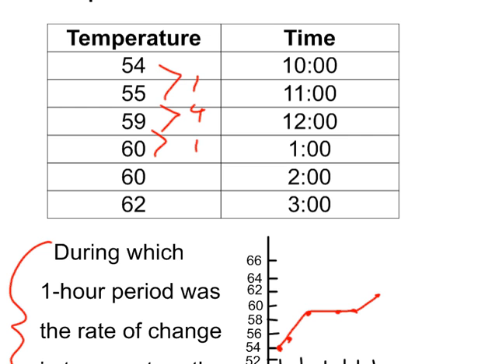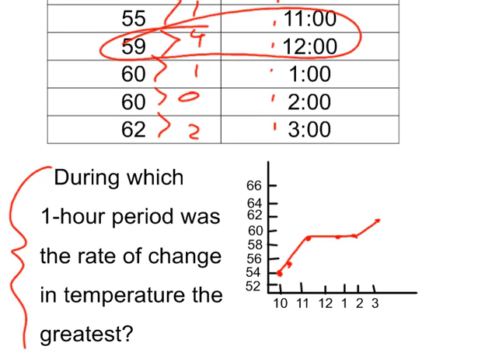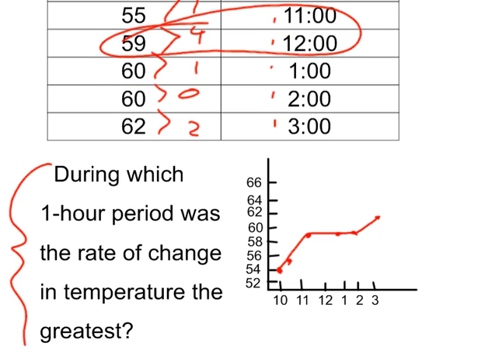From here to here was 1 degree. From here to here was 0. And here to here was 2. So the rate of change per 1 hour, and each of these are 1 hour increments, the greatest time period was from 11 to 12 o'clock. It went up by 4 degrees. If you look at the graph, that does happen to be when the graph is at its steepest.